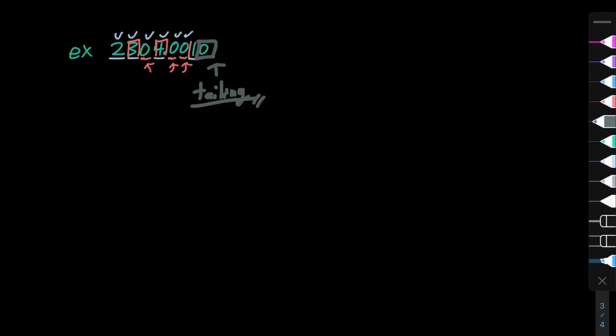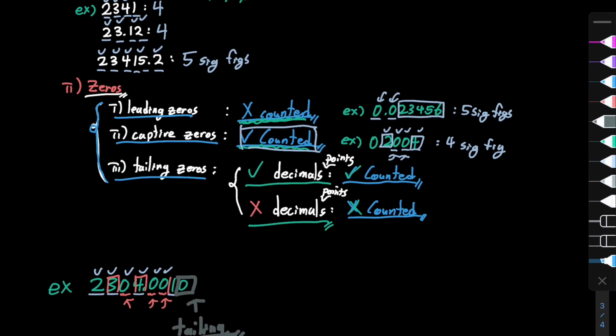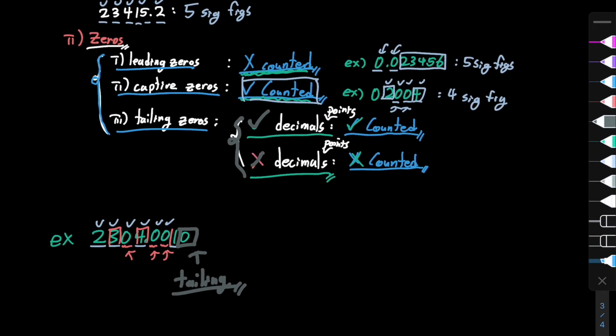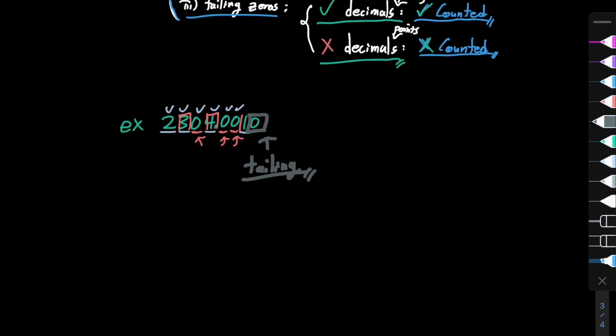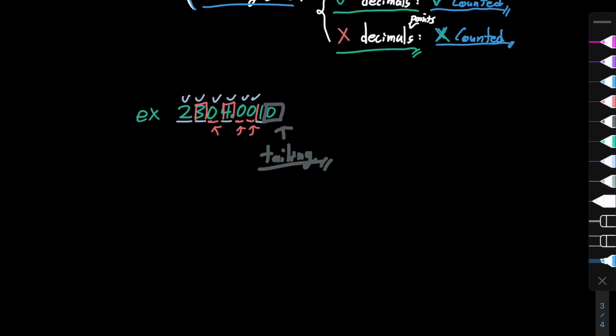Now for trailing zeros, we have to see if there is a decimal point or if there isn't a decimal point. Now, in this number, luckily, there is obviously a decimal point right over here. So trailing zeros would also be counted. So in this number, in conclusion, there are in total 7 significant figures.